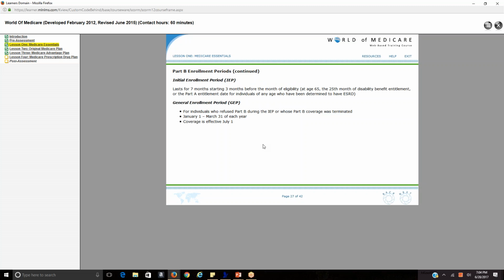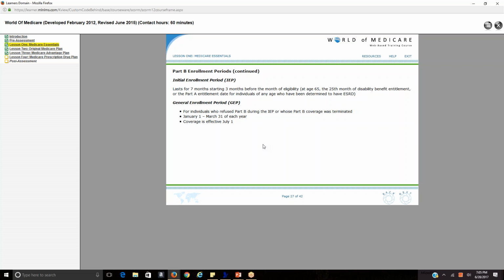It lasts for 7 months, and it starts 3 months before the month of eligibility, and 4 months after. So from when you turn 65, you don't have 7 months to choose. You actually only have 4, because your enrollment period starts 3 months before the month of eligibility. Okay, so you need to understand that.